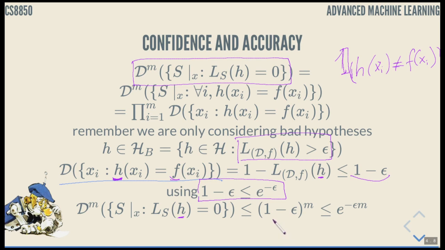It is less than or equal to (1 minus epsilon) to the power m. That's this. Or, using this identity, it is bounded by e to the power minus epsilon m.